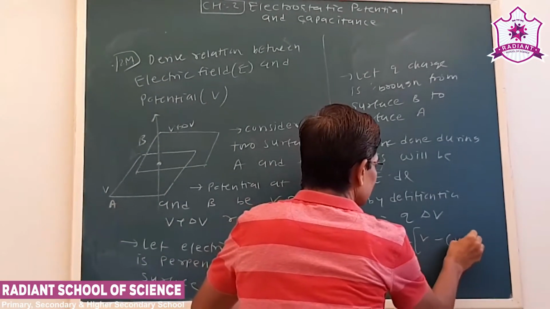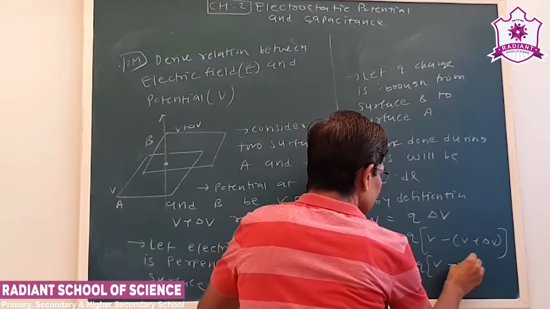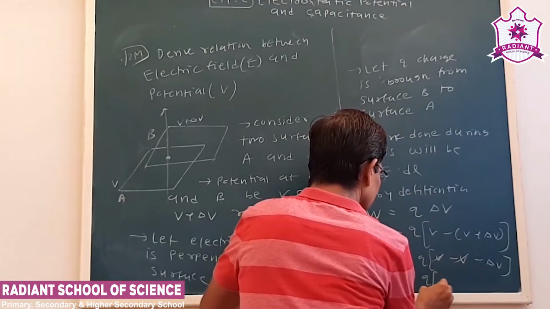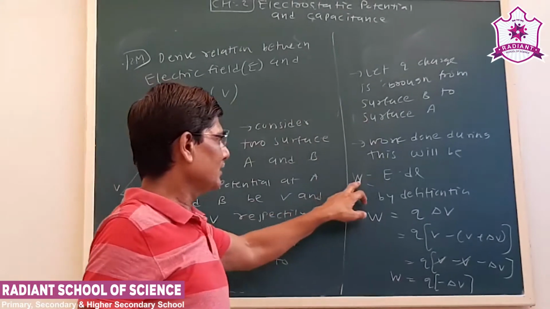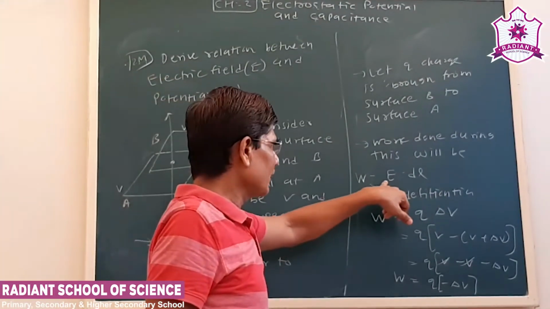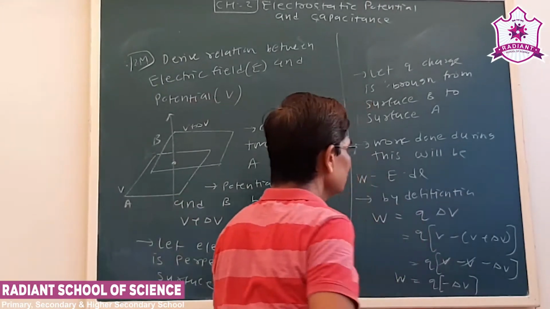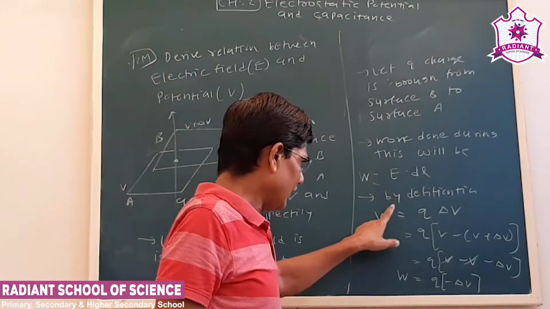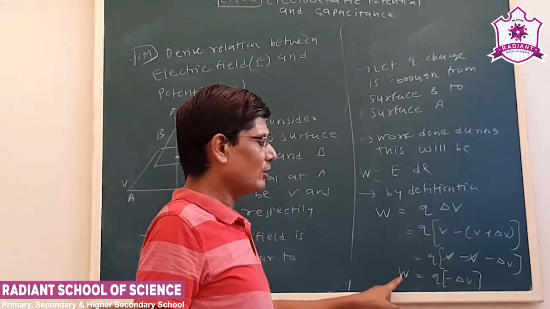V minus V plus delta V. We have seen earlier that the line integral of work done is force into displacement. Again this follows Q into E into dl. And by definition work done is Q into delta V. So we can obtain this like this.